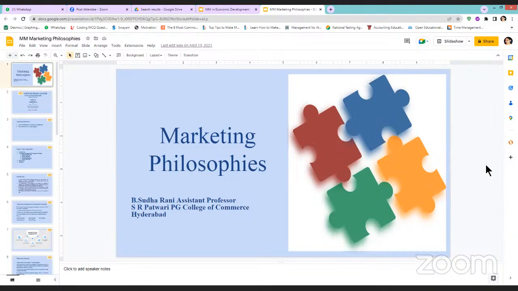Okay, marketing features: satisfying the needs and wants of the customer, creating marketing offerings to the customers, and creating customer value so that they buy the products based on the price and demand. Creating an exchange mechanism.